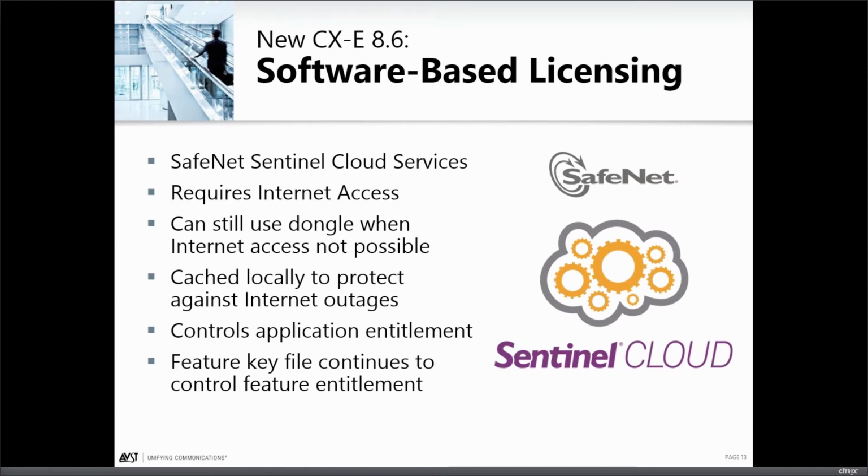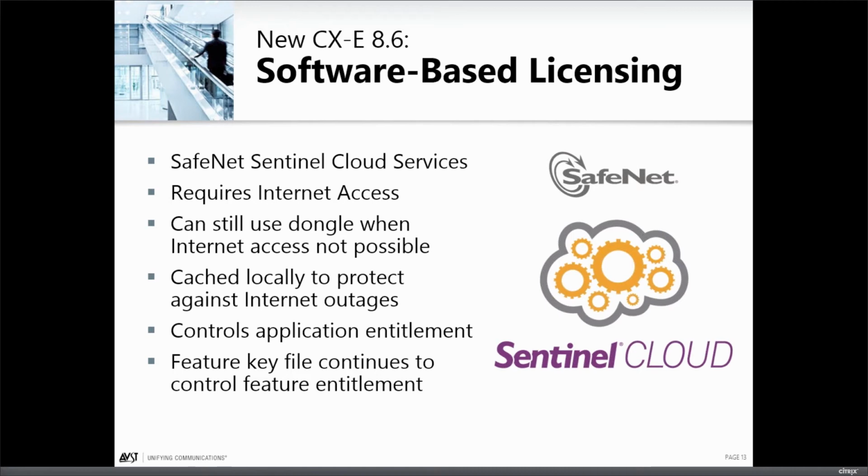Instead of having a dongle plugged into the system server, it can do a phone home kind of application, go out to a site on the web and verify that it's a legitimate system, and CX will start right up. So you don't need that dongle. We still support a dongle for those customers that don't want to install CX where there's internet access, but for those that are comfortable with internet access, you can use the Sentinel Cloud version as well.